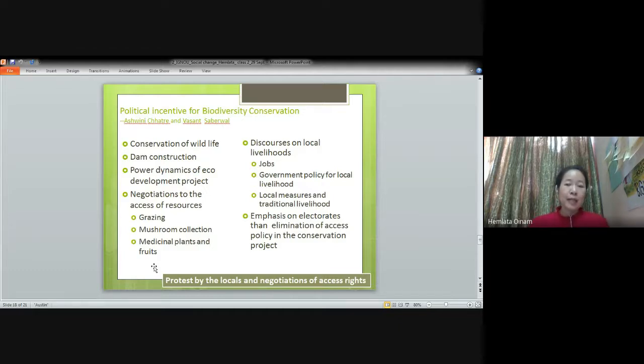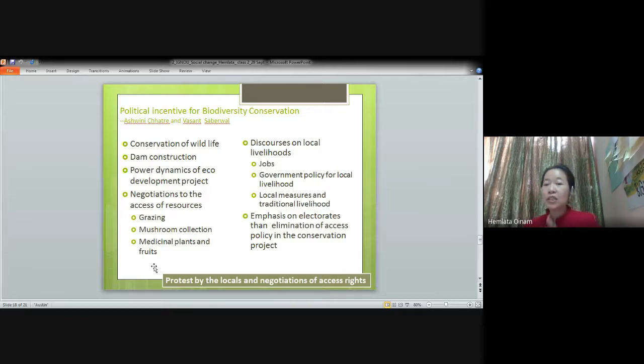What happened is that after the announcement of this Himalayan National Park, there was a continuous phase of elections coming one after another, whether a local level election, municipal level, state level, or central level. Elections were coming throughout the year during the time the dam construction was supposed to take place.